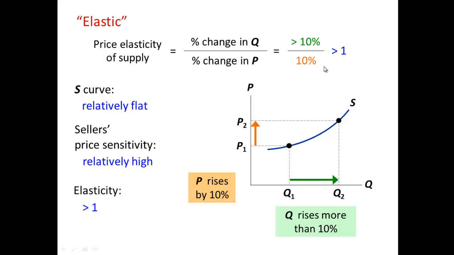Remember, in our example in our previous lecture, we had a price elasticity of supply of 2. 2 is greater than 1. That tells us that our product or service is really sensitive to a price change. And we have relatively high sensitivity because that number is greater than 1.